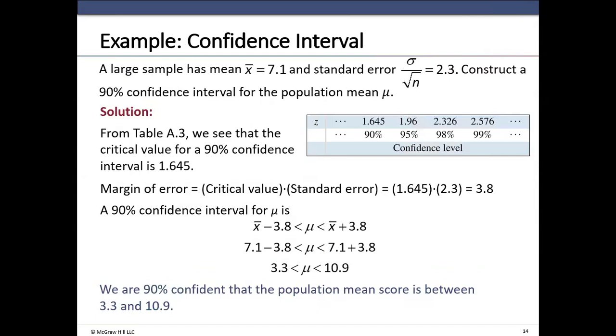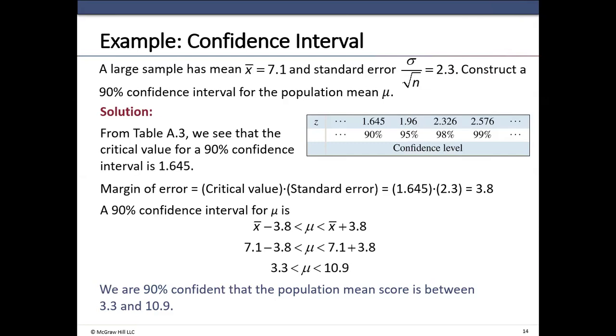Okay. So they have given us the sample mean. They have given us the standard error. We first need to find the margin of error, which is the critical value times the standard error. We already found the critical value for 90% confidence is 1.645. Multiply that by the standard error, which is the standard deviation of the sampling distribution, 2.3.